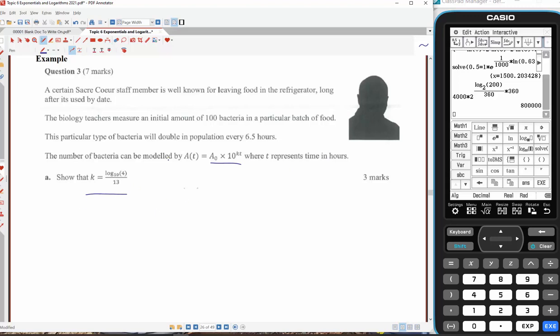All right, so what's going to happen is that we're going to start with 100 times 10 to the kt. Now, t is time, and time is 6.5 hours. That's 6.5, which is 6 and a half, that's 13 on 2. So we're going to go 13k on 2. That's our time.